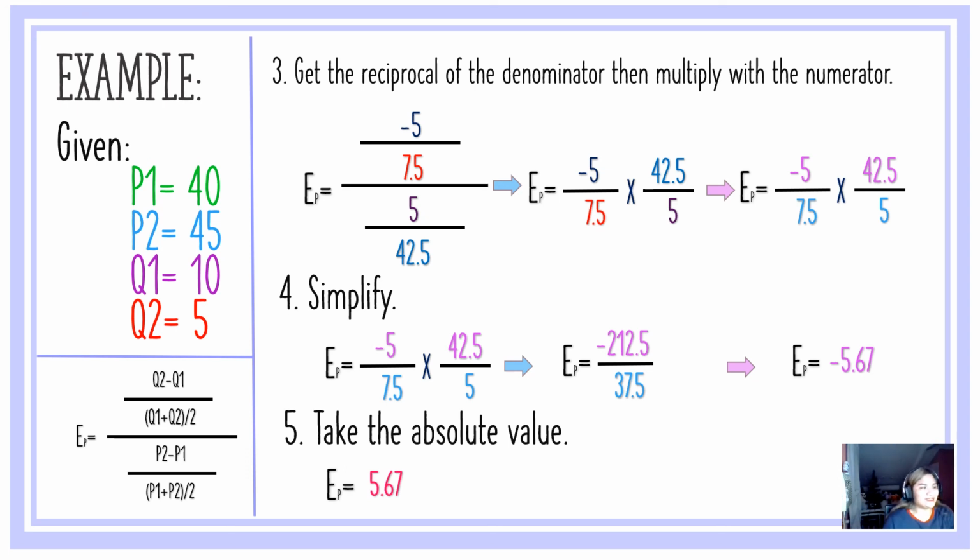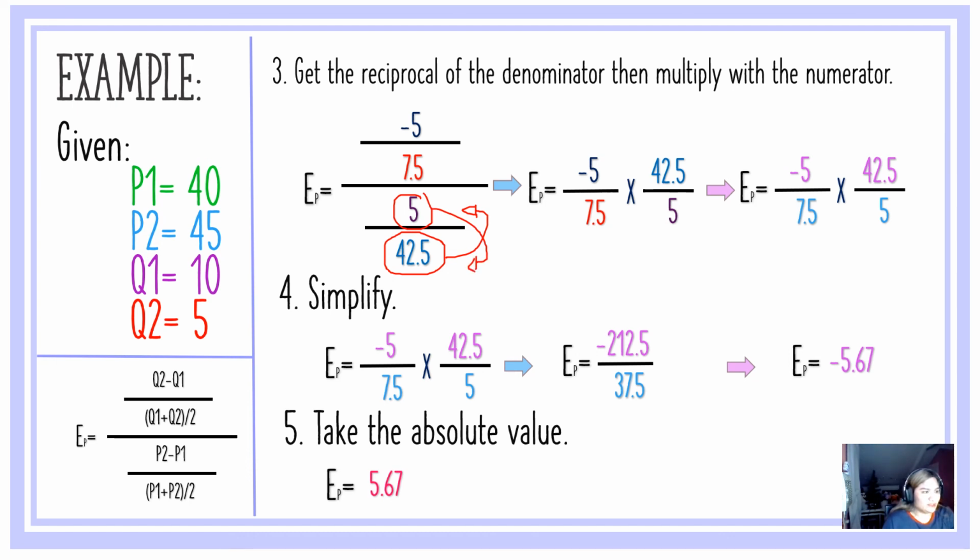Alright, since we have already simplified this, we are going to take the reciprocal of the denominator. We are just going to reverse it. So the lowest portion will go on top, and this one will be at the bottom.